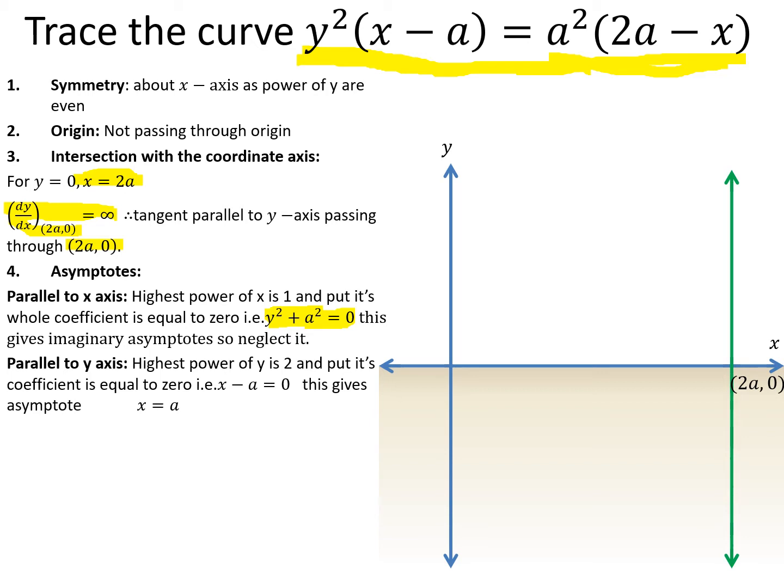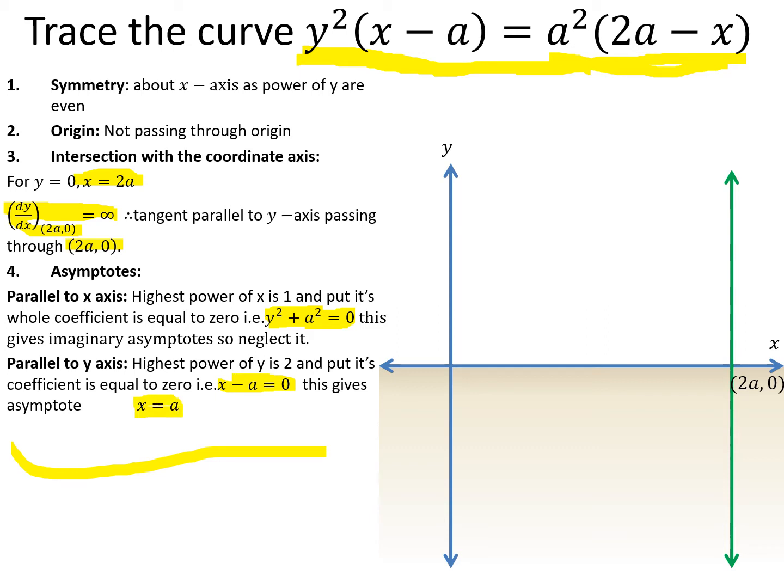Now, in a similar way, we have to find the asymptote parallel to the y-axis. What is the highest degree of y in this equation? The y degree is 2 and its coefficient is x minus a. So we have to put x minus a is equal to 0, and we will get the asymptote x is equal to a.